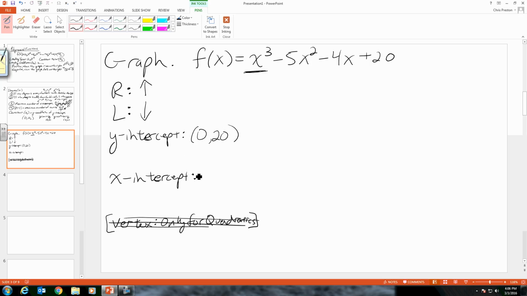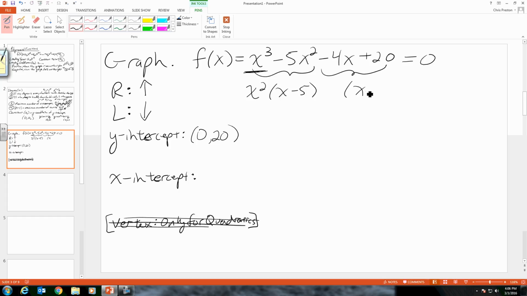Now to find the x-intercepts, if this isn't already factored for me, I'm going to have to do a little bit of work to figure out what these are. So to find the x-intercept, I want to make y, or f of x, 0. So I'm going to set this equal to 0 and solve it. This is 4 terms, so I'm going to factor this by grouping. x squared, x minus 5.